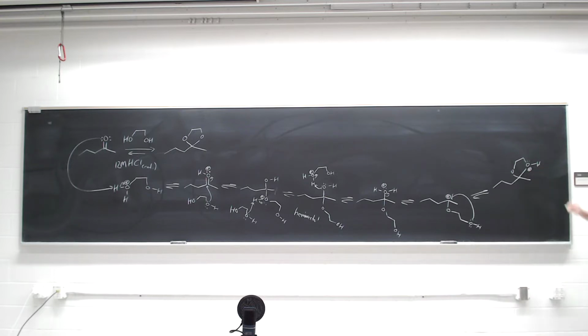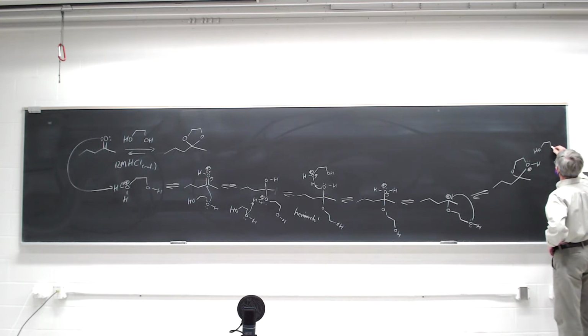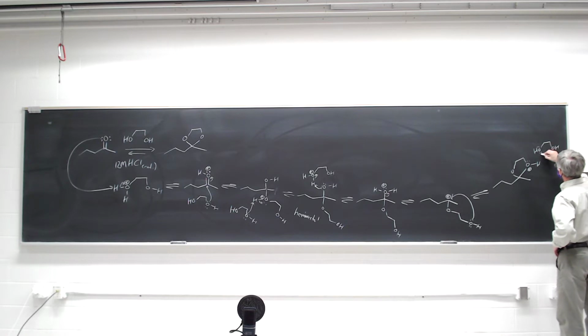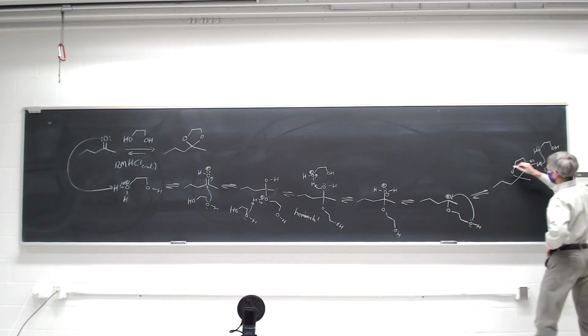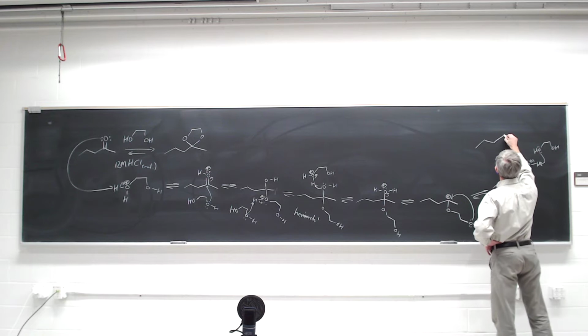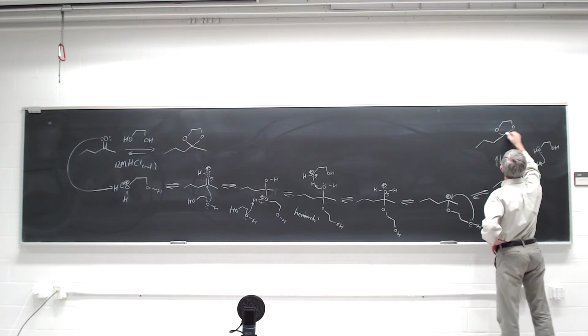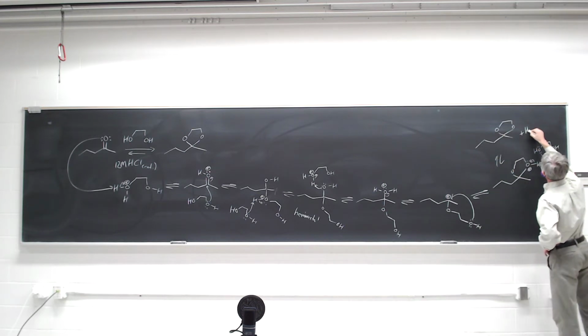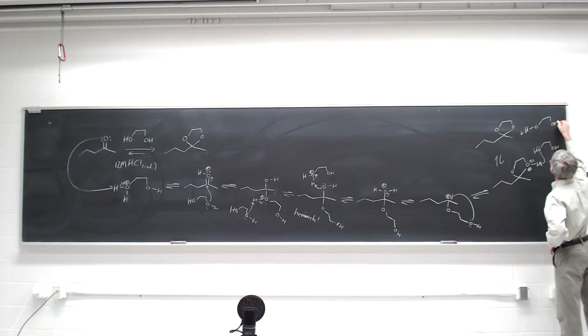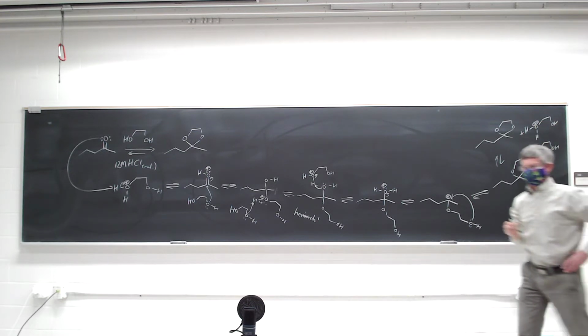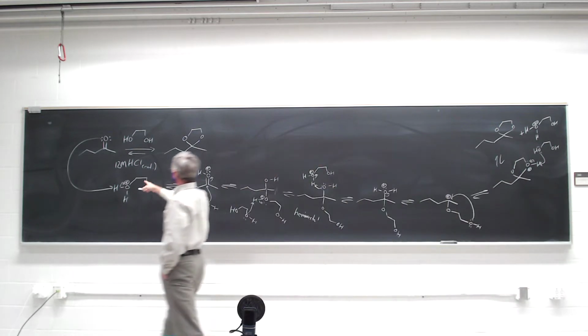Generating that intermediate, and then we will get the final product by simply taking that proton off. And that regenerates our original protonated ethylene glycol that we used in this first step.